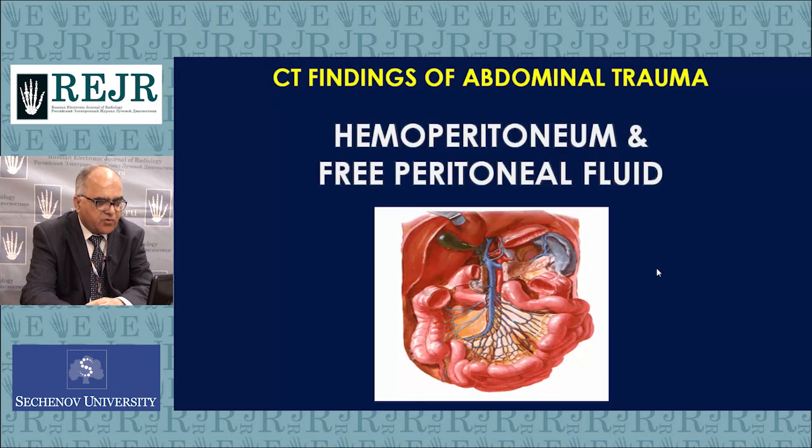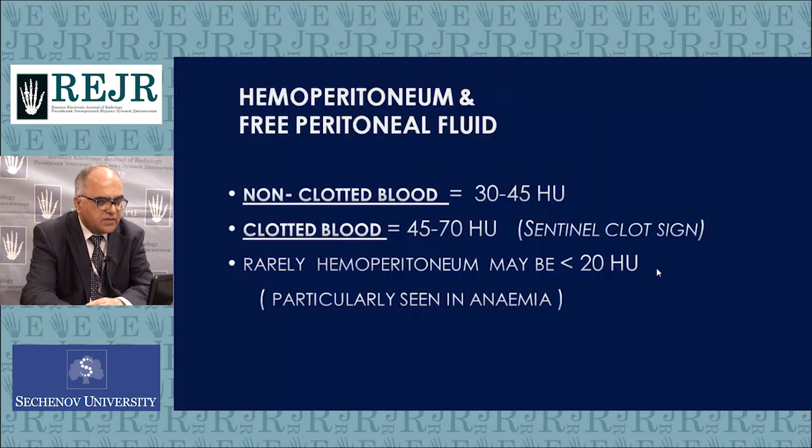Hemoperitoneum and free peritoneal fluid. Thanks to Hounsfield unit values, in a traumatized patient, a hemoperitoneum can insinuate into different peritoneal spaces, and we need to identify where the real acute bleeding is happening, or whether there is clotted blood.